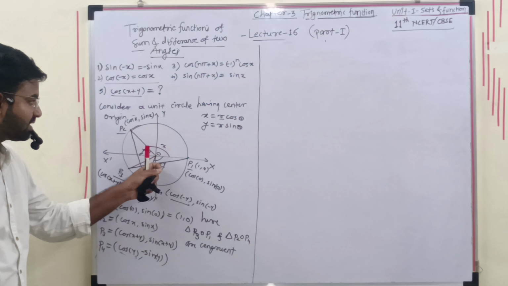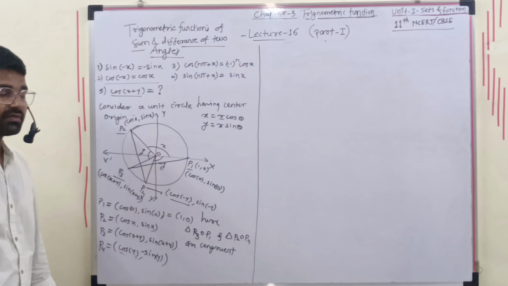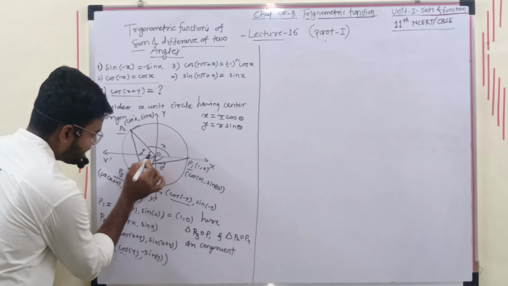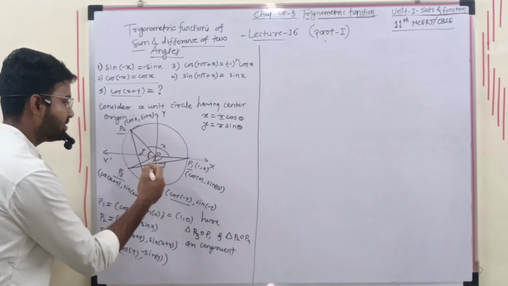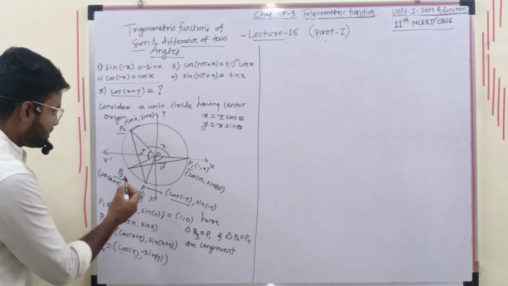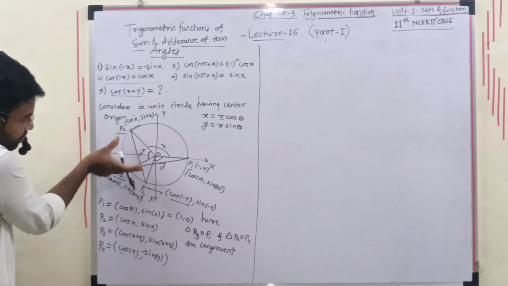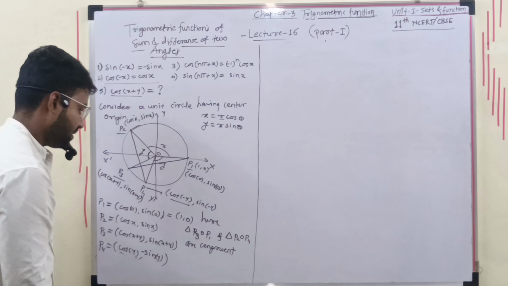This is y, this is minus y in the negative anti-clockwise direction, but it is the same angle as this one. So this angle and this angle are the same, that's why they are congruent. So the distances P3 P1 and P4 P2 are equal.